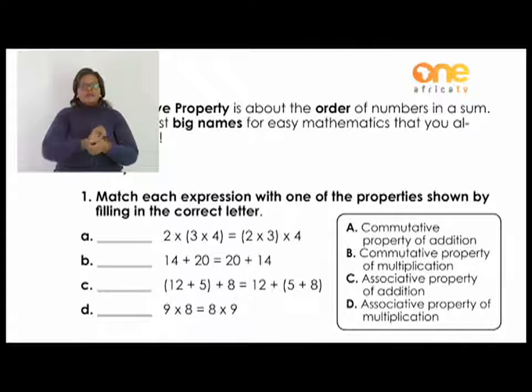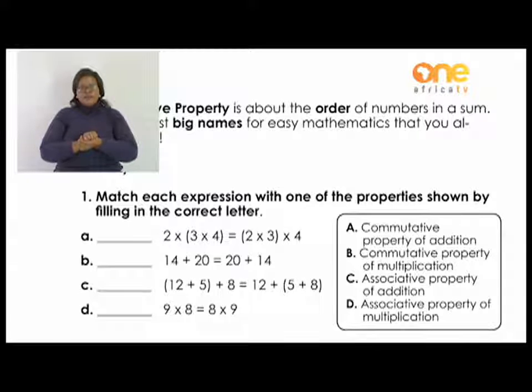It says match each expression with one of the properties shown by filling in the correct letter. Let's look at A. What type of property do you think that is? Okay, let's see.